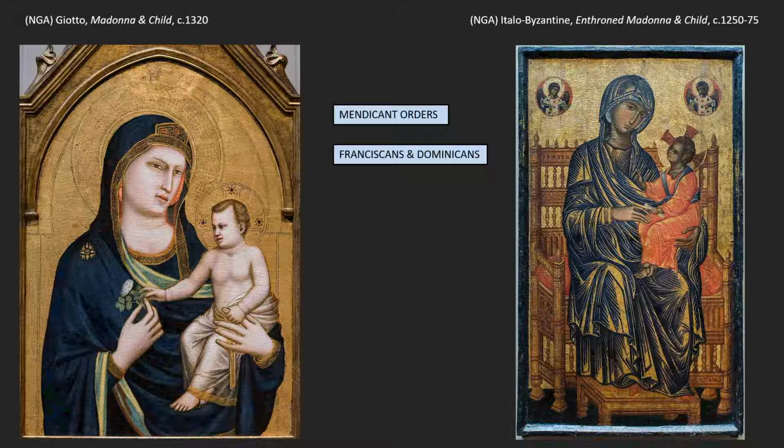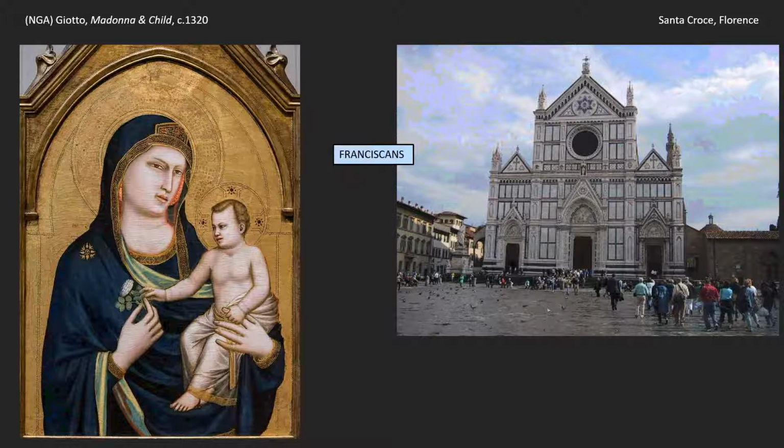Now, not every painting Giotto does is made for the Franciscans or the Dominicans, but that influence is incredibly widespread. And that said, our picture was originally one of 7 different altar pieces that Giotto did for one of the side altars in the Franciscan church in Florence. Right? That's where this originally came from.